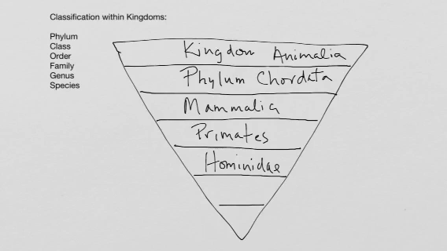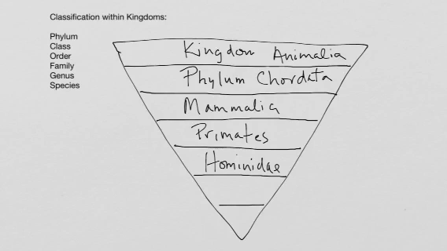So there's a variety of different primates that belong to family Hominidae. At the family level is where we start to see differentiation between the different primates. Case in point, an orangutan is not as closely related to humans as a gorilla or a chimpanzee.